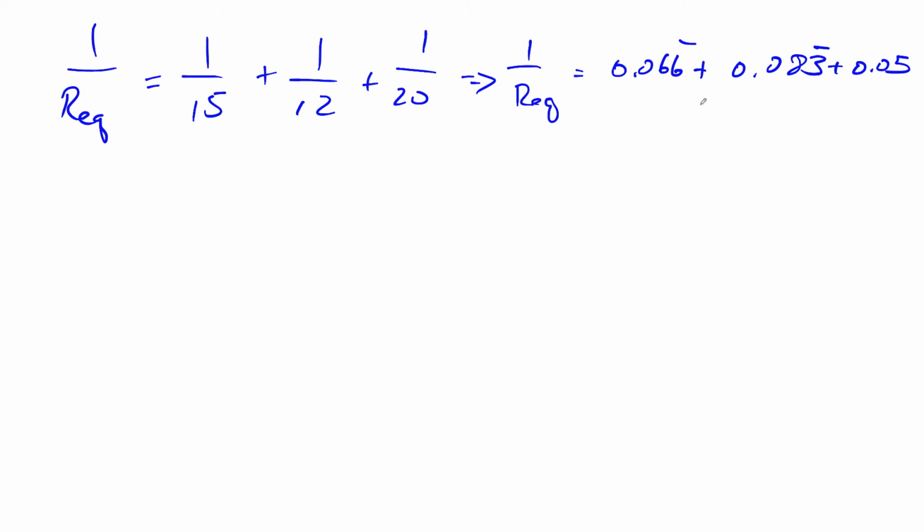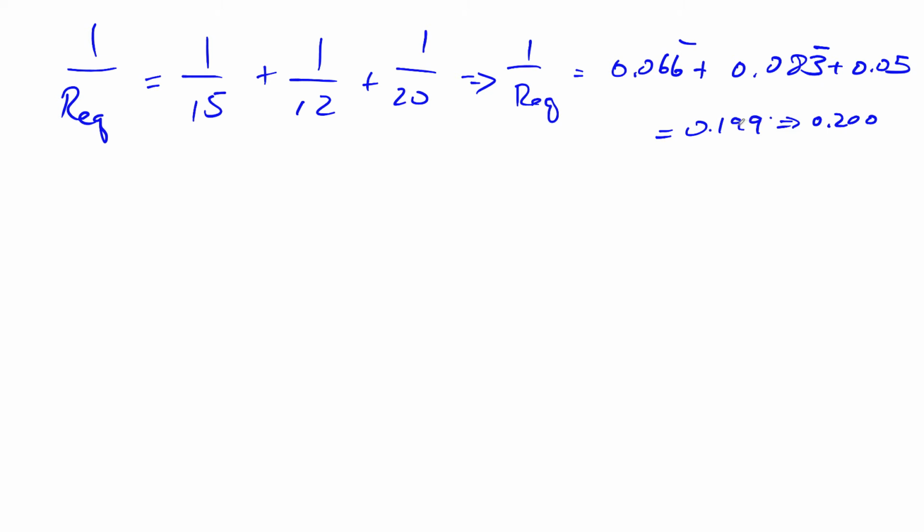So we add all these together. That's going to equal 0.199, and let's assume that's 0.200, because it's 99 repeating.